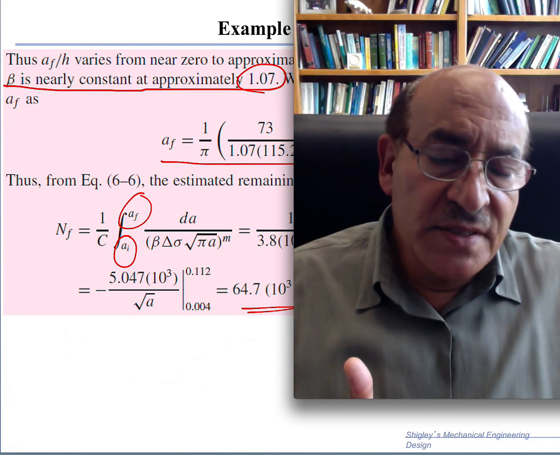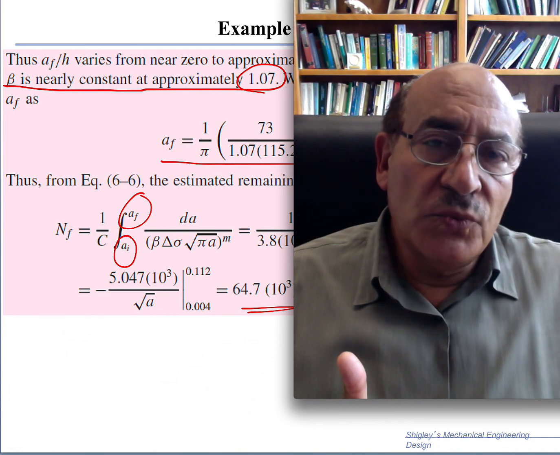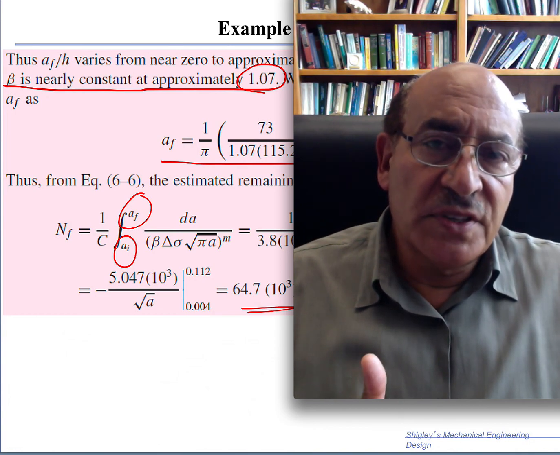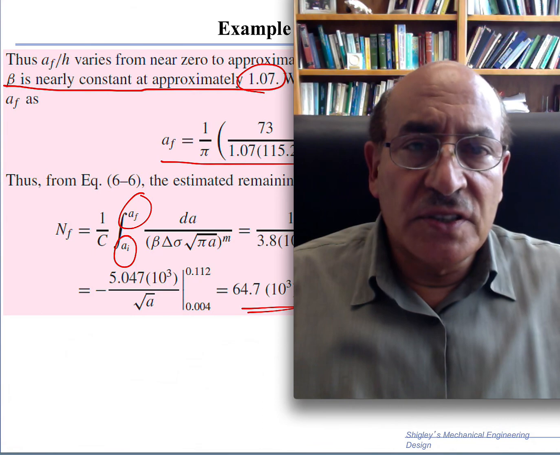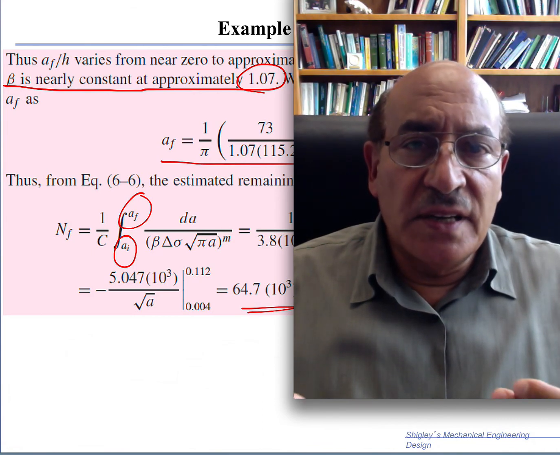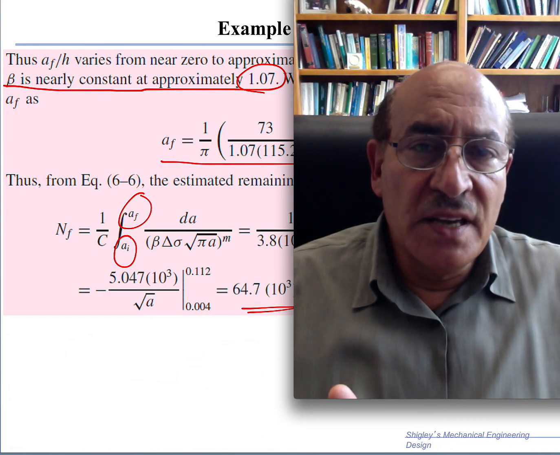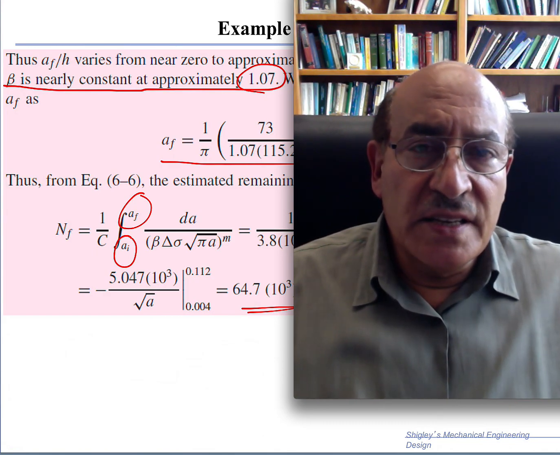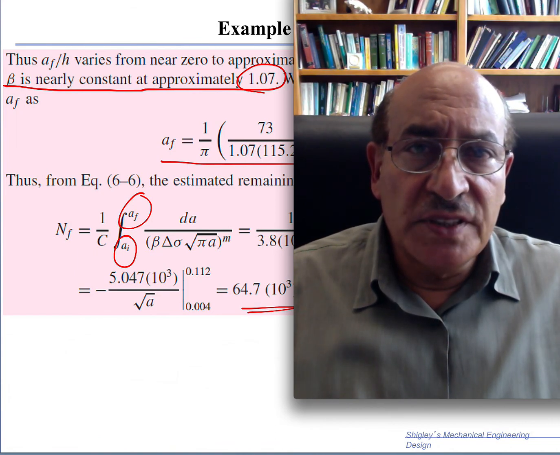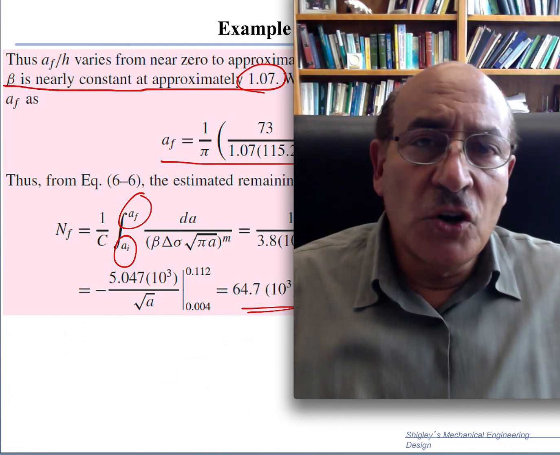So you always have to check whether yield is approached first, or fracture as a result of the stress intensity factor exceeding the fracture toughness. Otherwise, the procedure is easy to apply, and we'll use it on several occasions during office hours and during the preparation for the homework assignments.